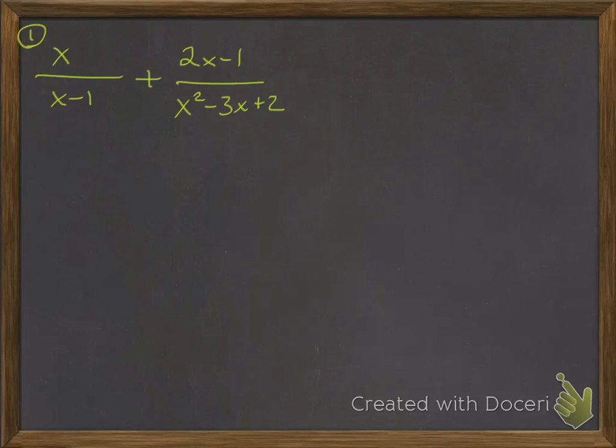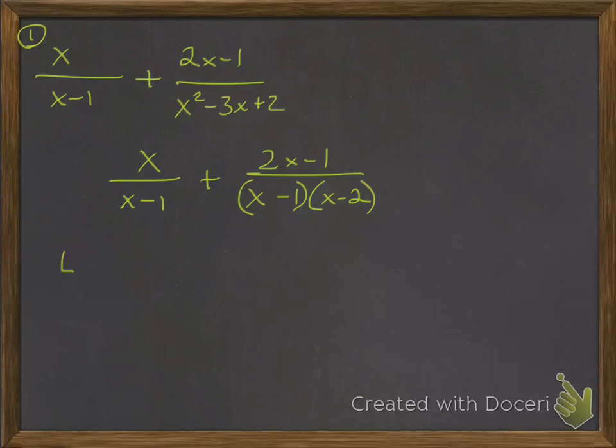Okay, so in order to add these, I need common denominators. Well, the first thing I'm going to have to do is factor the denominators. This first one can't be factored. The second denominator can be factored, and it's going to be x minus 1 times x minus 2.